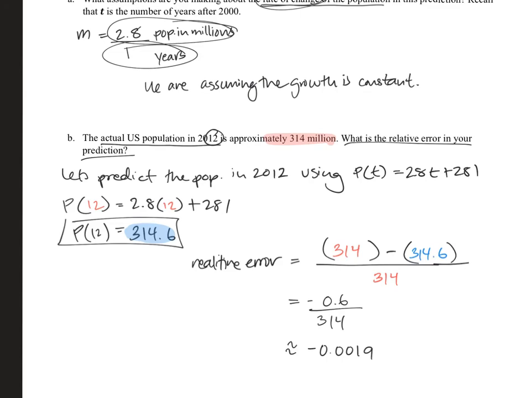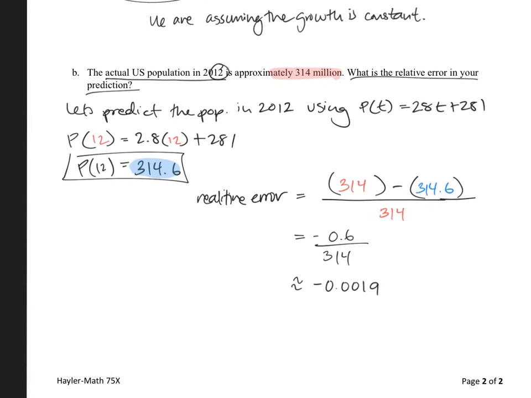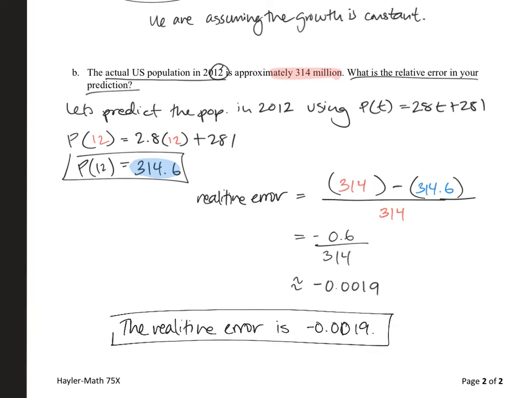So that is, you could say, a pretty small error. Alright, so the relative error is that. And that is it for this section.